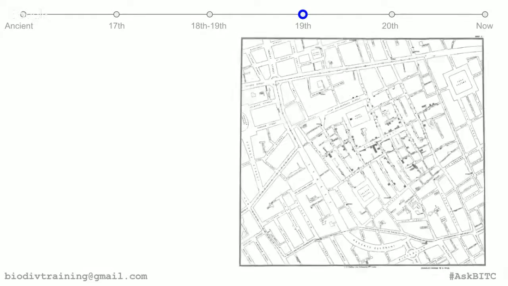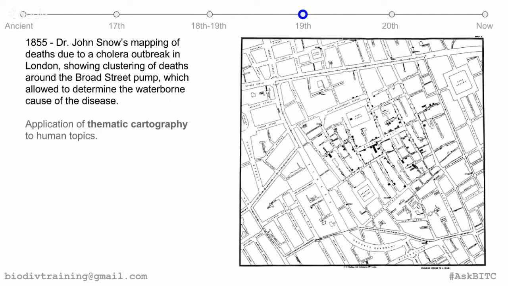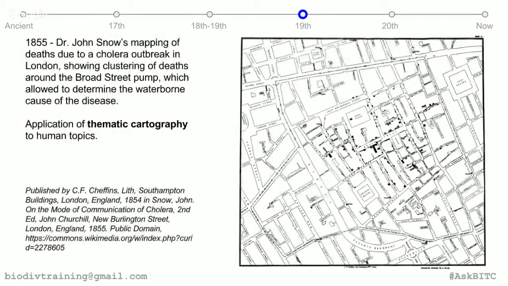In the mid-1800s also, London was suffering a cholera outbreak. At that moment, the origin of the disease was unknown, and some people thought it was spread by air. But then came John Snow, who mapped the cases of cholera outbreaks along with the distribution of water pumps.